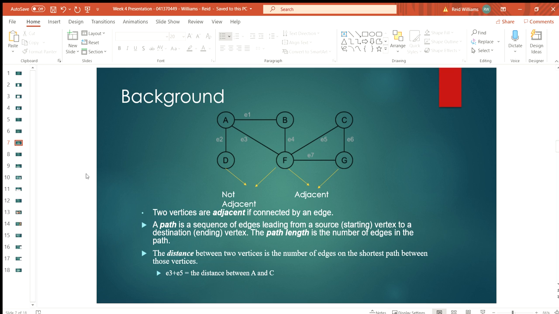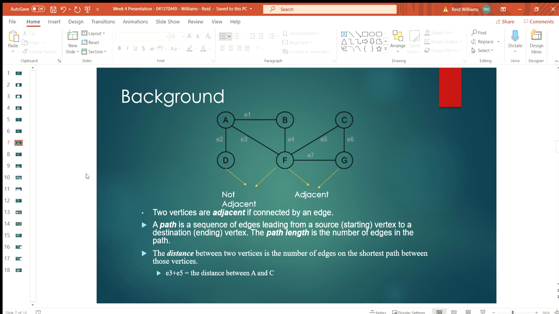I mean, they're next to each other and they're about as distant as any of the other pieces of data, but the important info is that they do not share an edge. So D and F, there's no E anything, whereas F and G, they share E7 and therefore are adjacent.